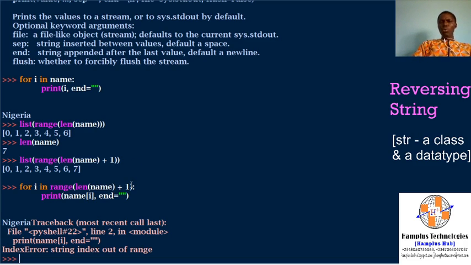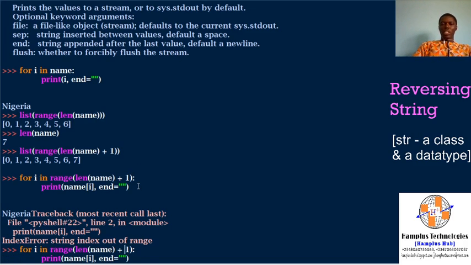So we want to do it in a reverse way. For us to do that in a reverse way, we just need to put a minus sign here. I will take it step by step so we can see how we solved it.